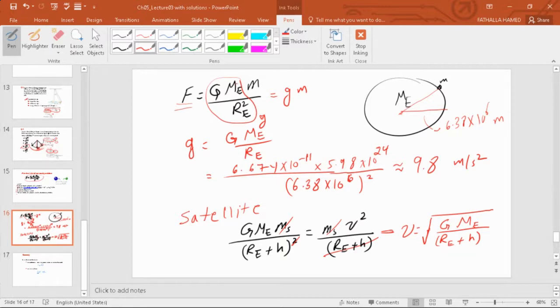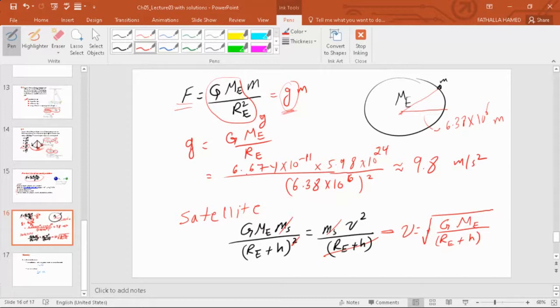Now, G M_E over R_E squared, that's what g is equal to. It's like when we say mg, that's the g here. So the g on the surface of the Earth, if we approximate the Earth to be a nice sphere with that average radius, there are small variations from this, but to good approximation this is the case.